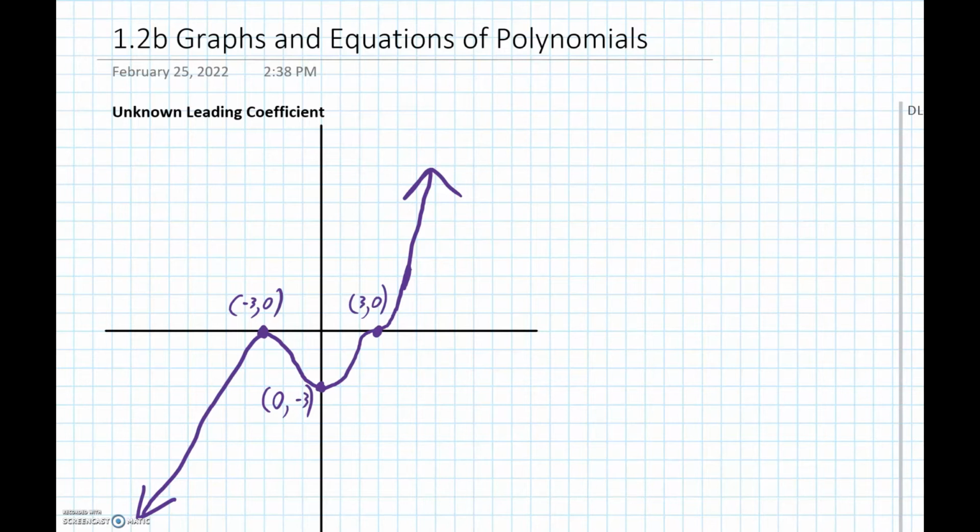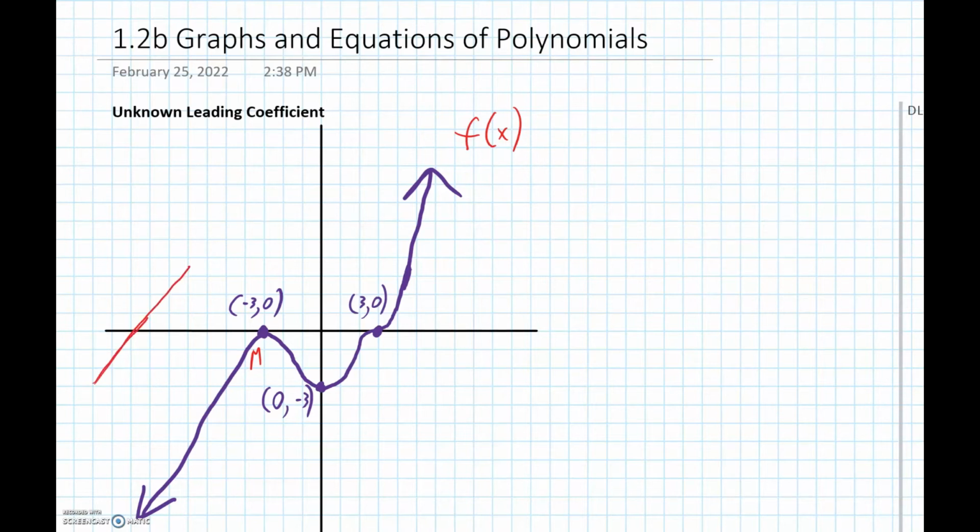One of the rules here, when we're looking at a graph to figure out some of the equations of this graph, which we're going to call f of x, is that we have to look at the multiplicity of any of these zeros.